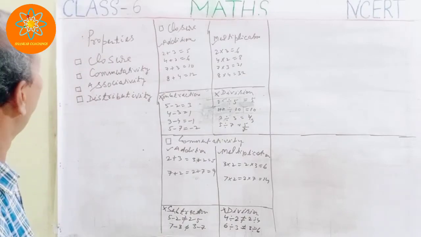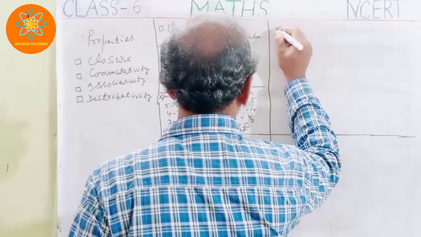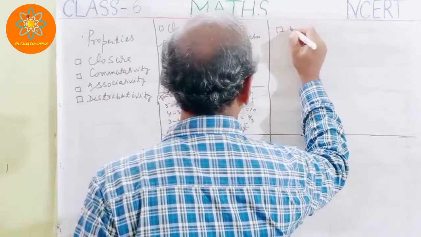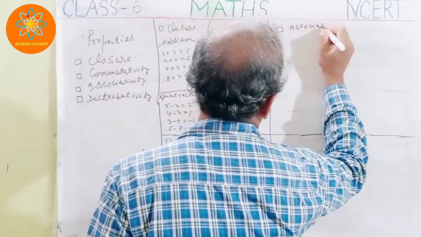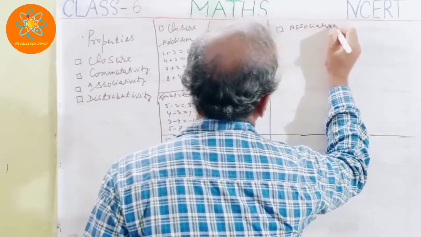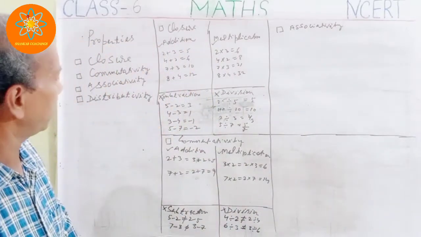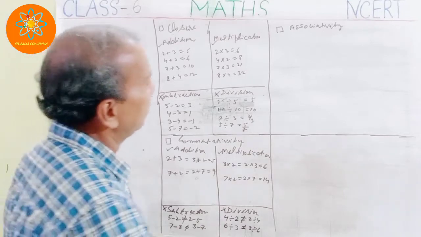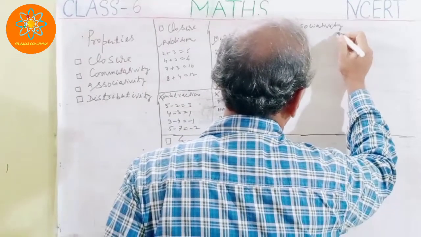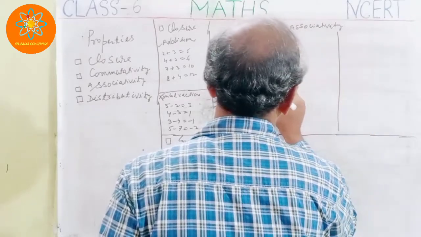Now come to the next property, that is the associative property. Now next we will see the associative property. And in the associative property, we will discuss again all the cases. All the cases I will discuss in this associative property.